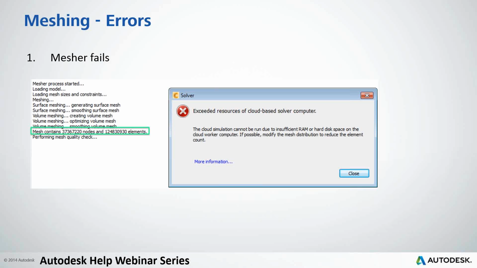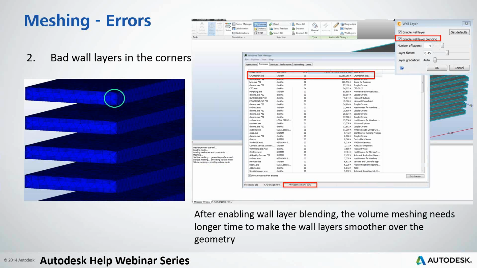In comparison to this, it's nothing. So I was able to run it finally. But every time you get such a message, you have to make sure that you don't have a huge number of elements. Right. CFD is hungry for resources. Yeah. Sure.